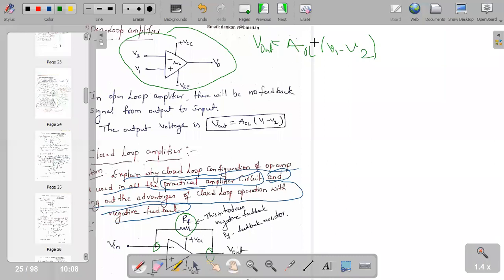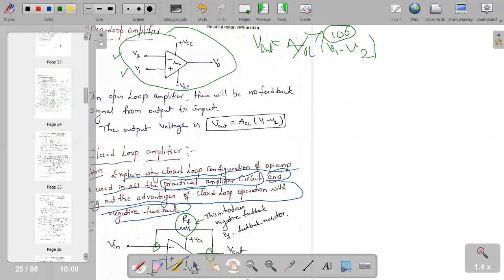The open loop gain value, ideally it is infinity, but practically it has a value of 10 power 6. Whatever input voltages V1 and V2 you give, the maximum gain that can be achieved here is 10 power 6.